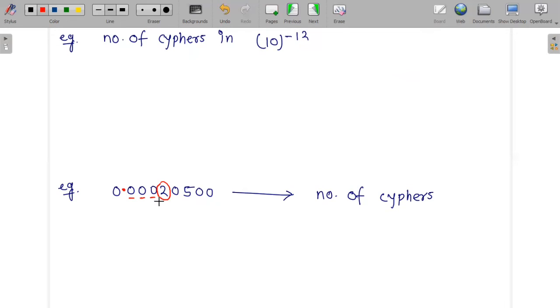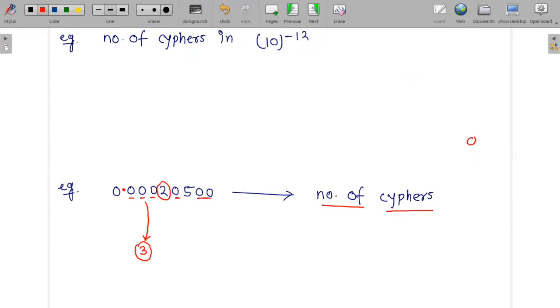So before a significant digit, the number of ciphers in that number is 3. You don't need to count the 0 which is after any significant digit. So that 0 after the 2 or that 0 after the 5 will not contribute anything to the number of ciphers. So we have 3 ciphers.